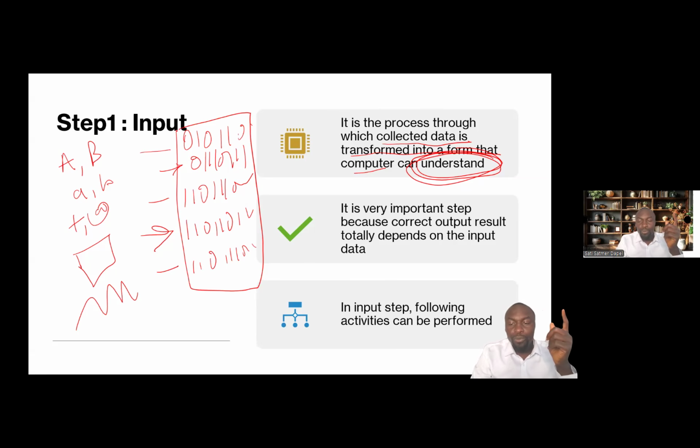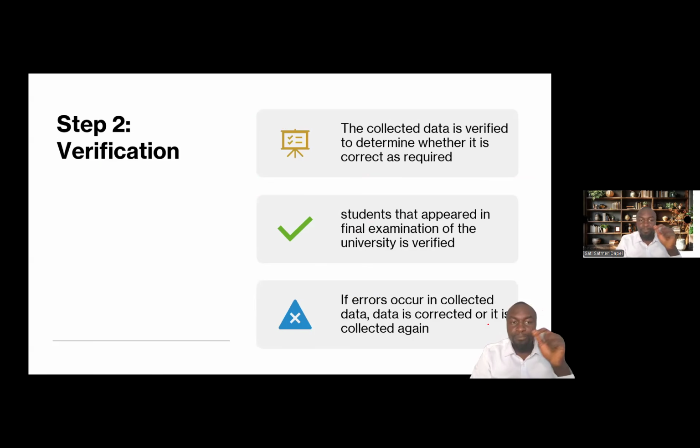Now, it says in the input step, the following activities can be performed. Step 2, verification. The collected data is to be determined whether it is correct as required or not.